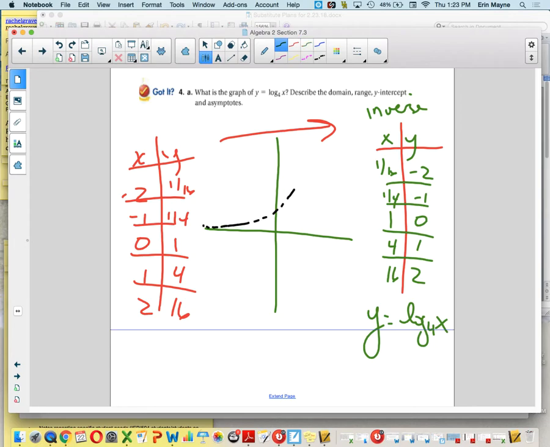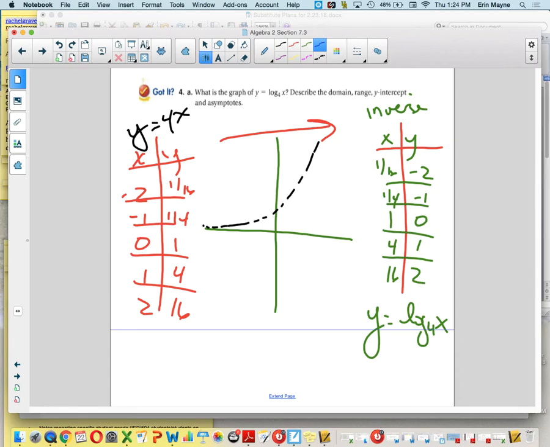Okay, now your graph is hopefully more detailed than mine, but what I want you to notice is my quick growth, exponential growth for y equals 4 to the x, is here on the table in red, on the graph in black, yes? Okay. Then we want to find the inverse.